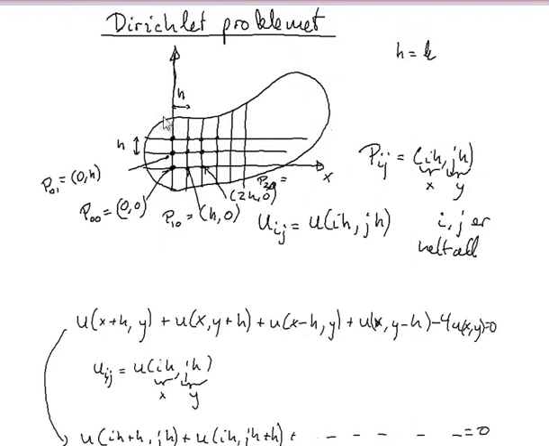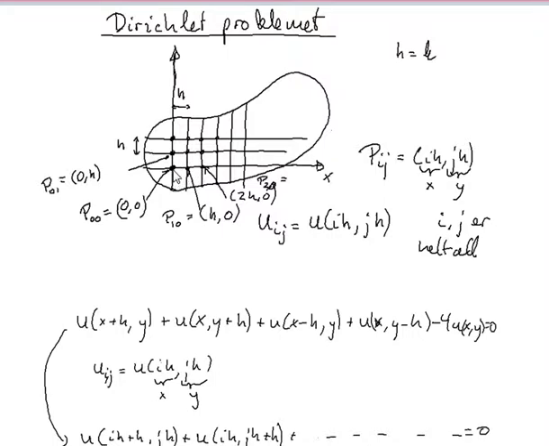We will make a grid on the complete area where we are trying to find the solution. In this area we divide it into small squares like this.